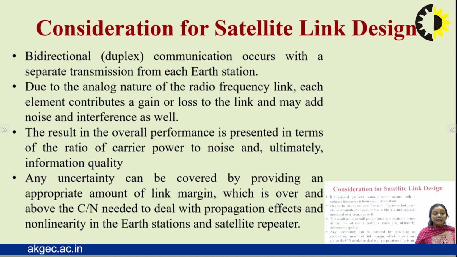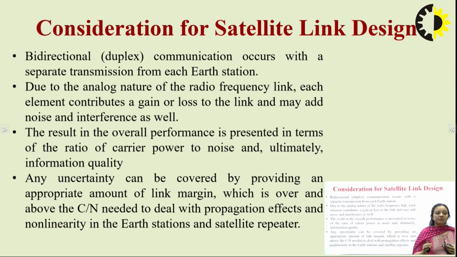So if you have a link margin over and above this carrier to noise ratio, you can deal with the propagation effects and all the other non-linearities in the earth station and the satellite repeater. So you have to design a link such that the C by N ratio, that is your carrier to noise ratio, is maintained, considering all the factors like your propagation effects, non-linearity in the earth station and satellite repeater, your path losses, etc.